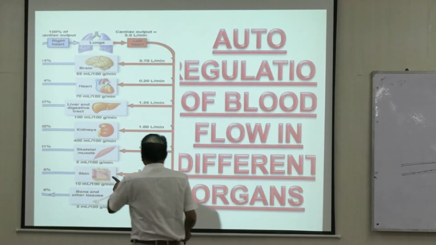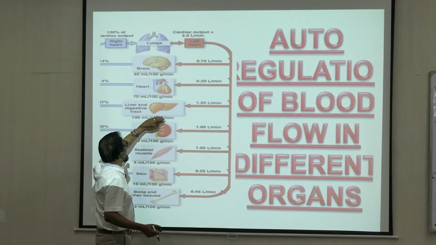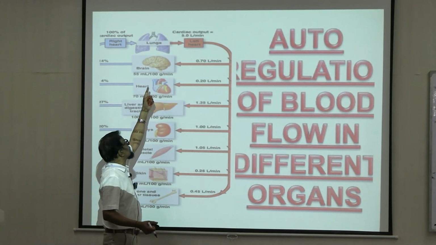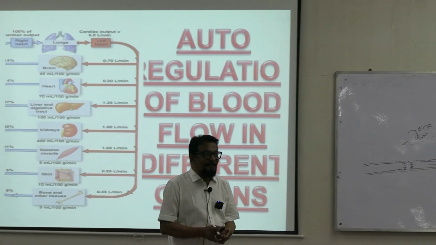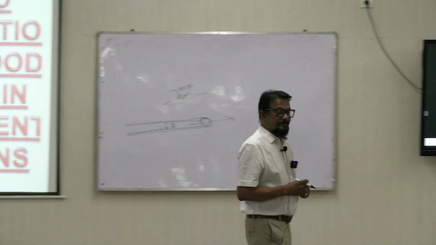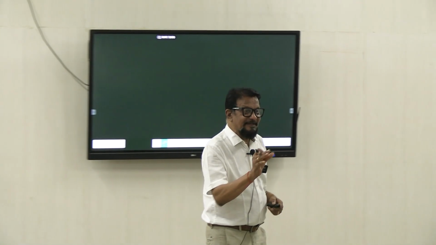The supply to these organs will be reduced, and from them extra blood will be sent to the brain or to the kidney. In this way, we can regulate automatically. This is called auto-regulation. When you study the coronary circulation, you will find there is auto-regulation.